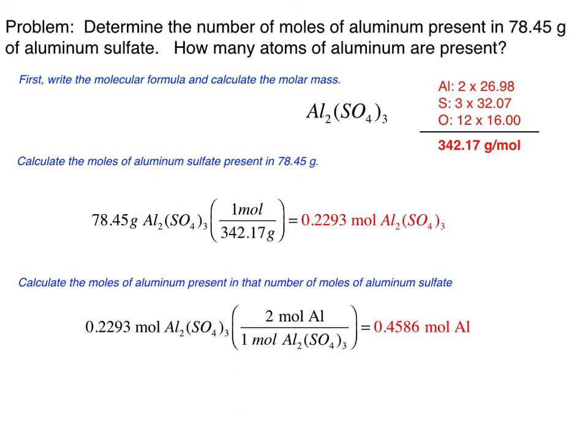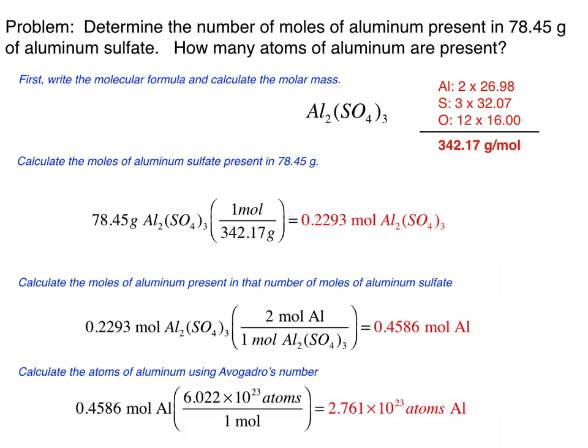So we're going to start with the 0.2293 moles of aluminum sulfate, and we know there's 2 moles of aluminum per every 1 mole of aluminum sulfate. And so the total moles of aluminum present is 0.4586 moles of aluminum. And so finally, now we can calculate the number of atoms of aluminum by multiplying the moles by Avogadro's number. And so we end up with 2.761 times 10 to the 23rd atoms of aluminum present in this sample.